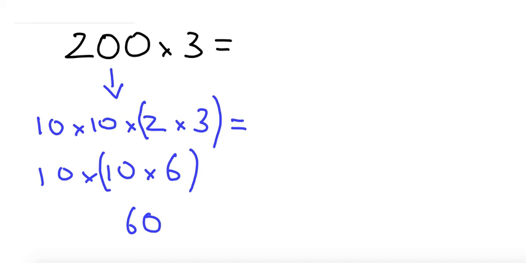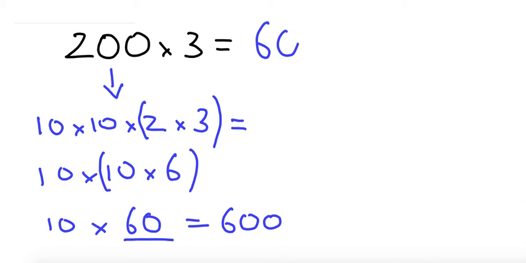And then we bring down the 10. And now we do 10 times 60. And 10 times 60 equals 600. It's just 60 and adding 1 0 using what we know about multiplying by 10. So therefore, 200 times 3 is 600.